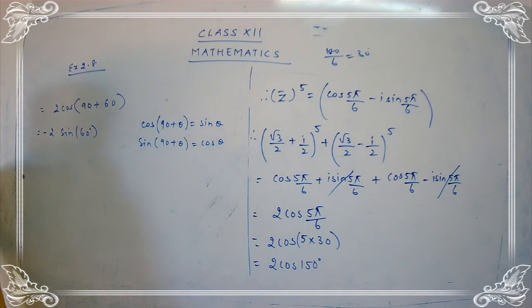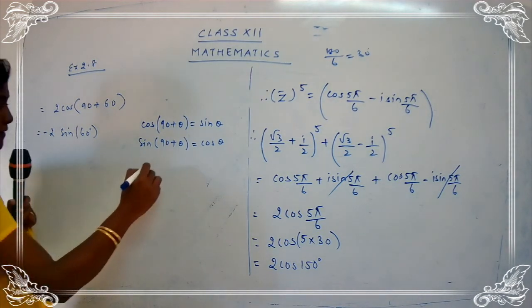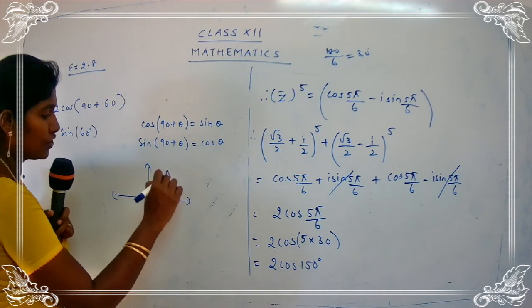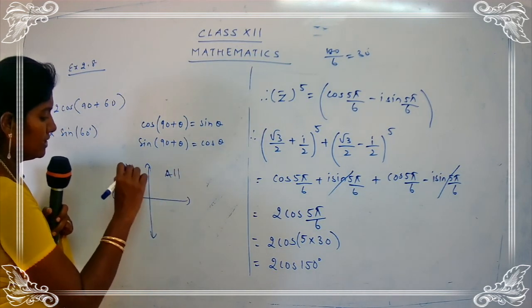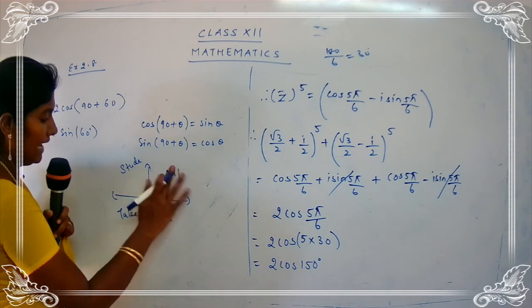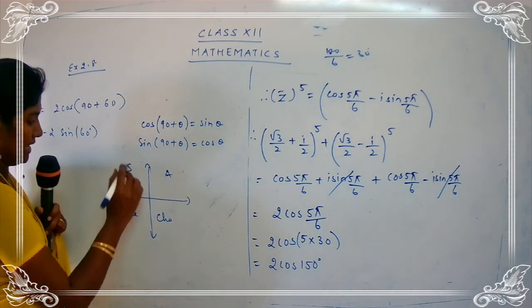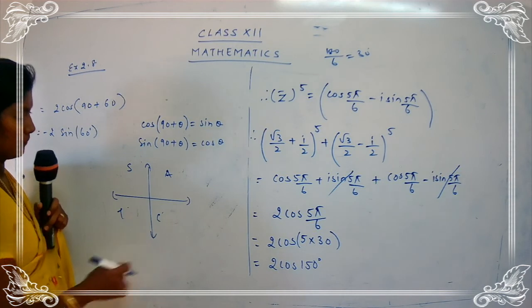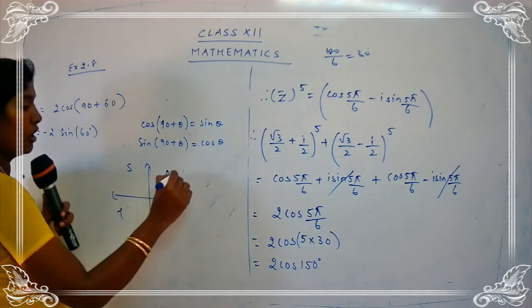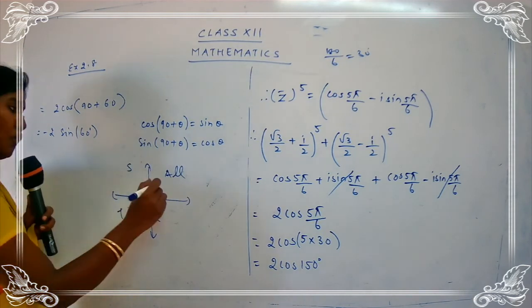And one more thing, now you may have a question here: why is ma'am giving a minus sign? So you have to remember the rule, all students take chocolate. ASTC. All students take chocolate. That means all the functions are positive here.